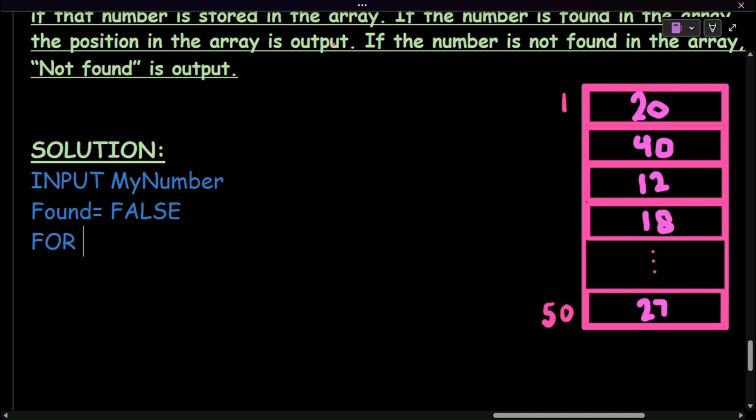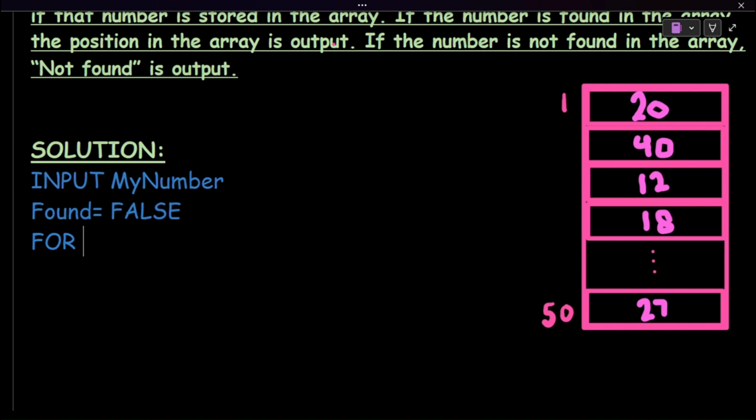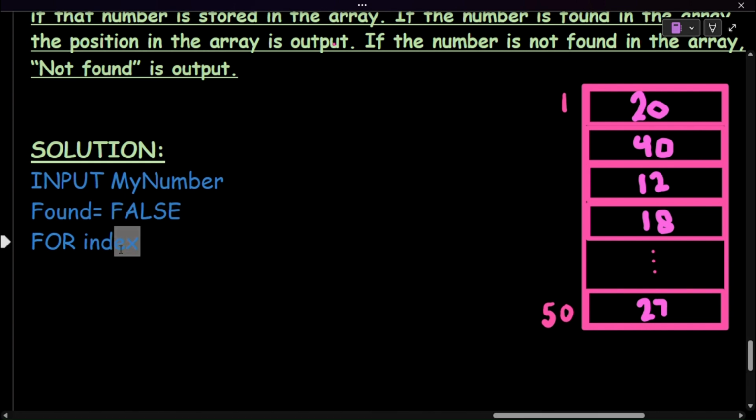Here we are going to start our loop. I'm going to take a variable index. What does this index store? Index will store the position of that element. For example, this 20 number is stored at first index, 40 is at second index. This index is going to keep a check on the index position of all of my elements.